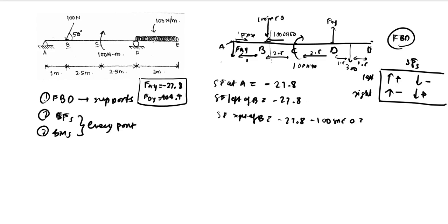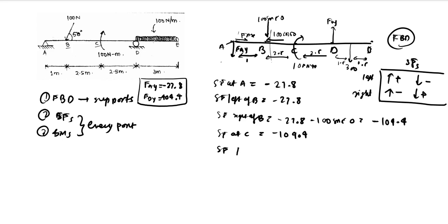So 27.8 plus 100 into sine 50 comes to 104.4 in the downward direction. So minus 104.4 will be your shear force right of B. The shear force at C is the same as right of B, which is minus 104.4.